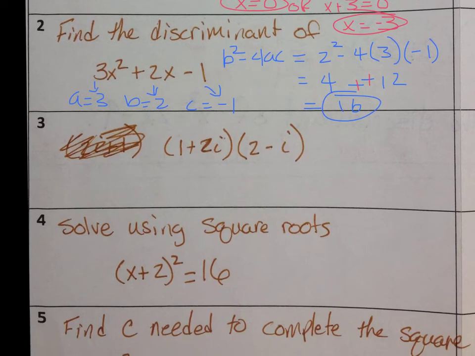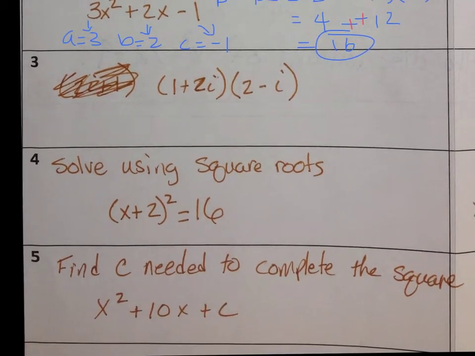So number 3 then deals with multiplying some imaginary numbers, and we're going to want to employ FOIL here. First, inner, outer, last. So if I go first, I'm going to get 2. And then minus 1i, and then plus 4i, and finally minus 2i squared.